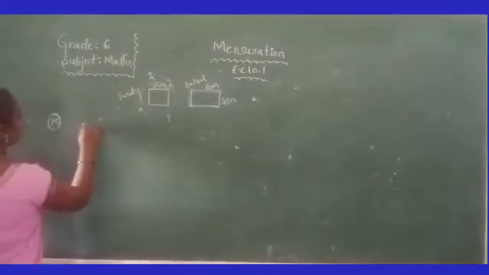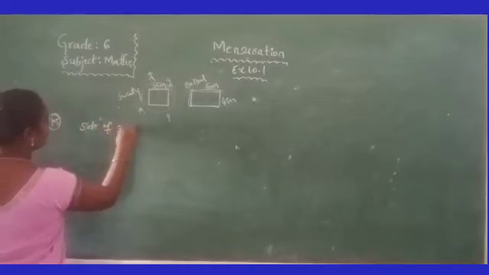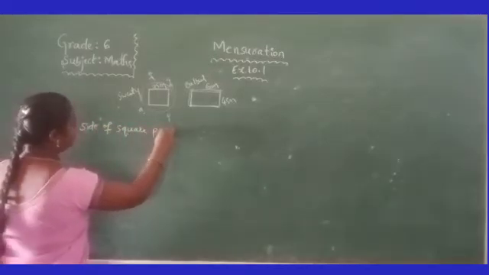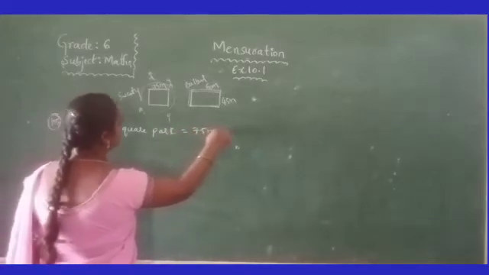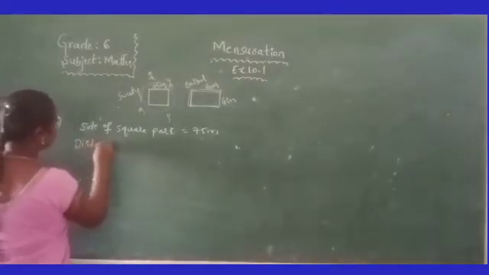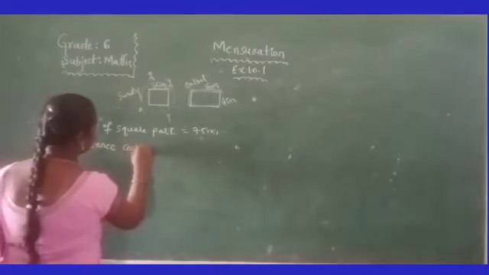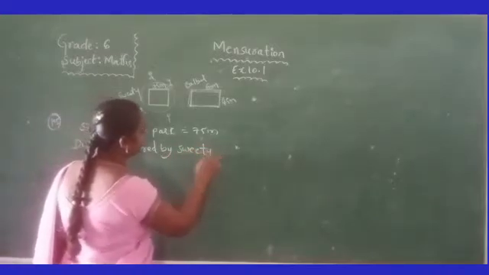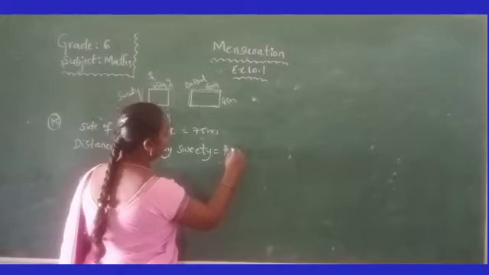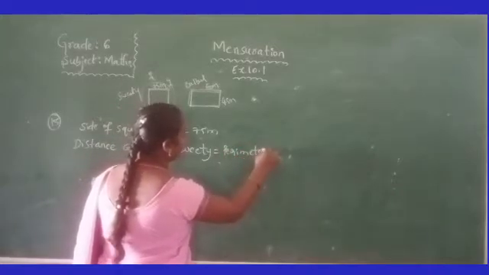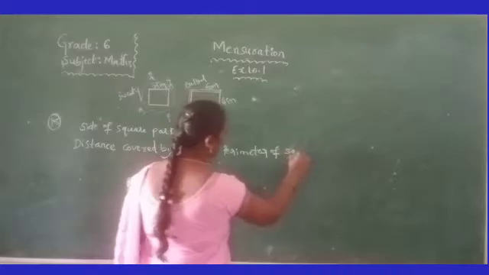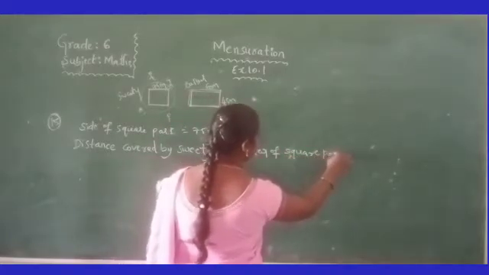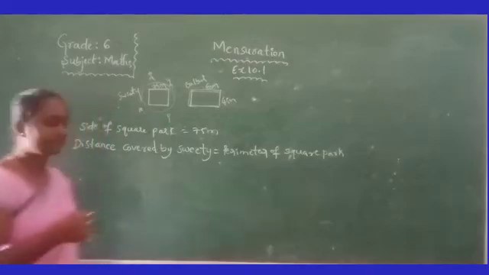See, the side of the square park is 75 meters. So first find the distance covered by Sweetie, which is equal to the perimeter of the square park.